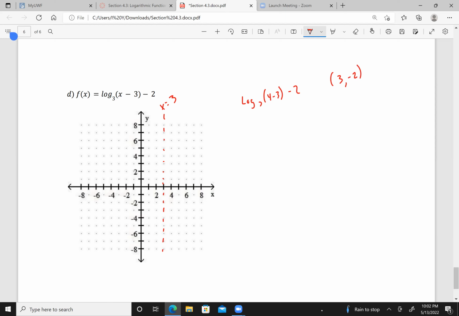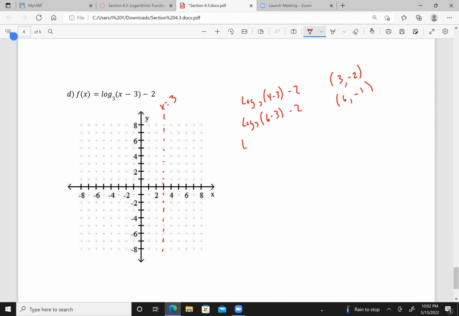Okay. How about log base 3 of 6 minus 3, then subtract 2. This is 1, so I have 6, negative 1.